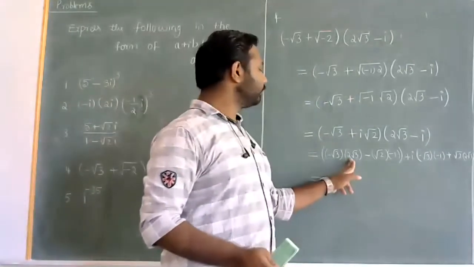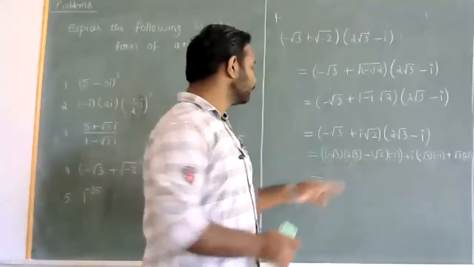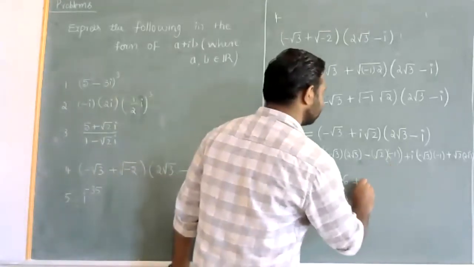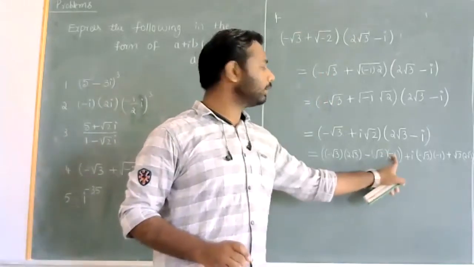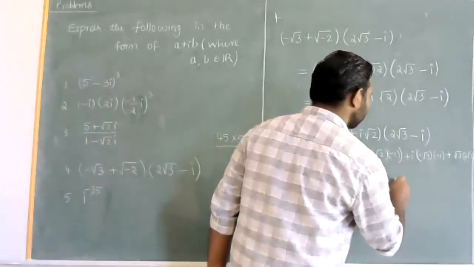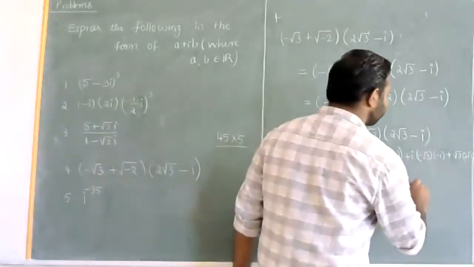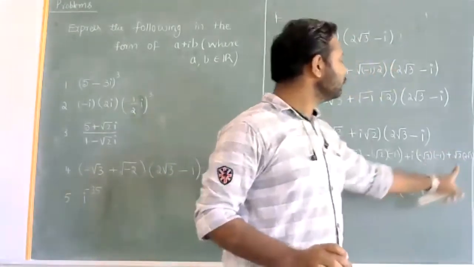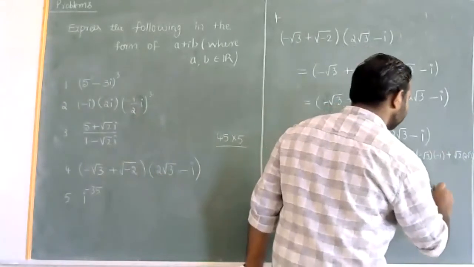Now, 2 root 3 into root 3 is root 3 whole square, that is 3. So it is minus 6 here, plus root 2, plus i times, minus root 3 into minus 1 is root 3, plus here 2 into root 2 into root 3 is root 6, so 2 root 6.